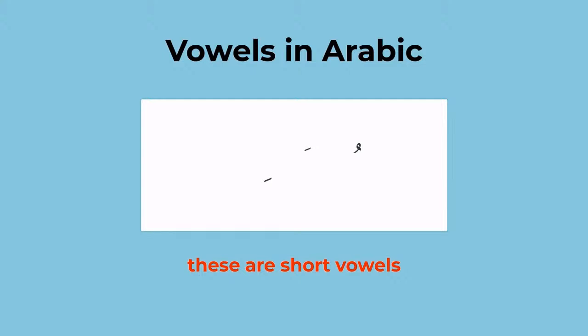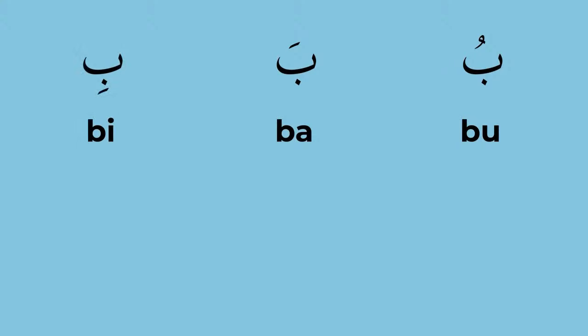So if I write like this, what will you say? Bu, short, bu. If I write like this, what will you say? Ba, short vowel. And if I write this, then it is bi, short.